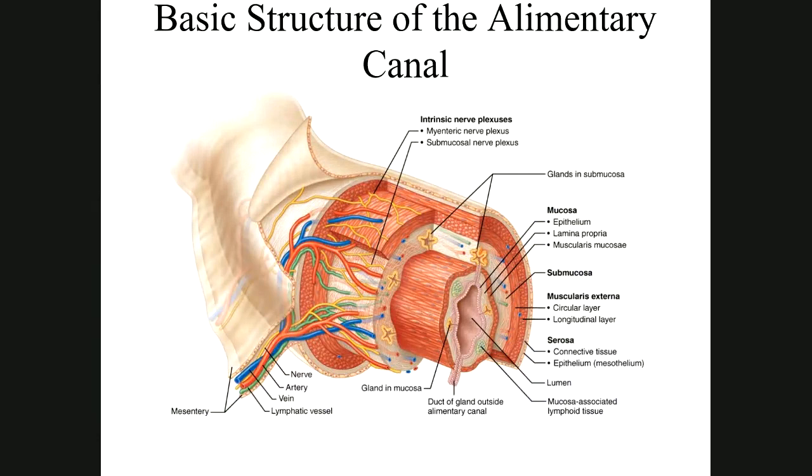They are lined with the stratified squamous epithelium. You have those glands that secrete mucus, except in the mouth, esophagus, anus. There, the epithelium is a stratified squamous epithelium.